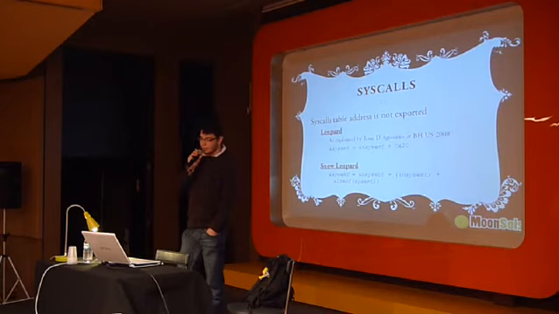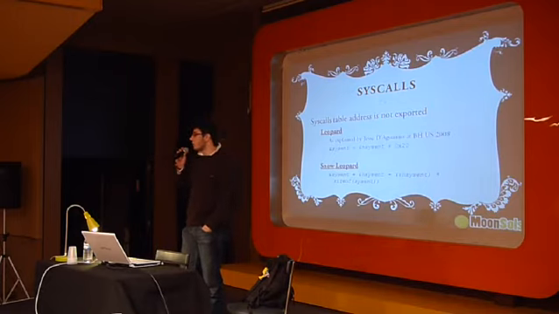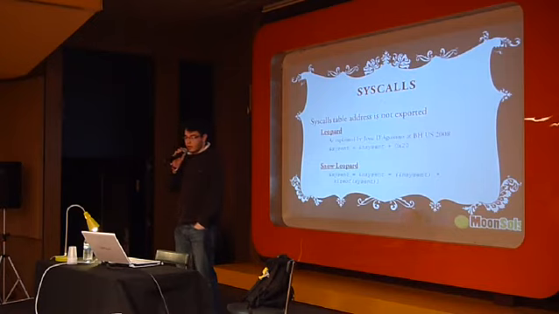As I said, you can also retrieve the syscall table. To retrieve the syscall table on Mac OS X Leopard is pretty easy. As explained by Dino Dai Zovi at Black Hat 2008, you just have to add 20 in hexadecimal to get the address of the syscall table.